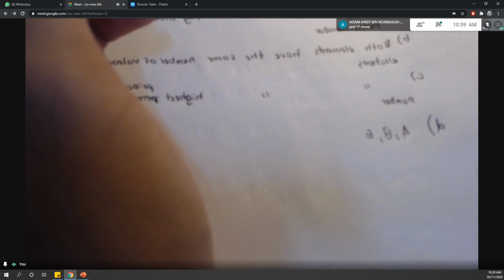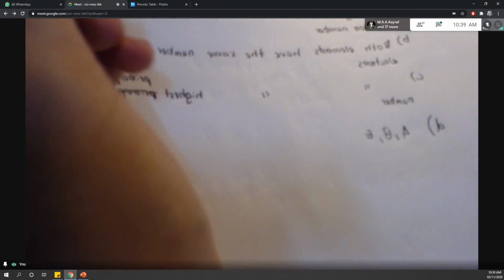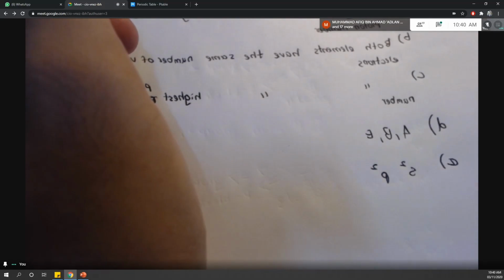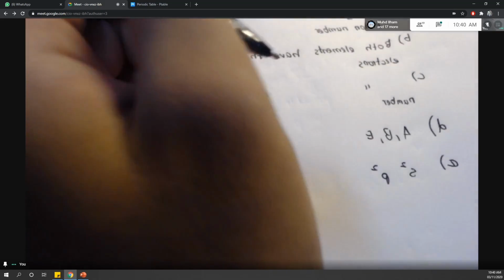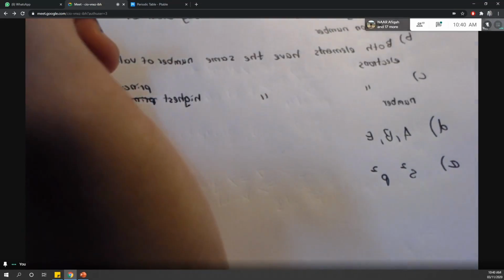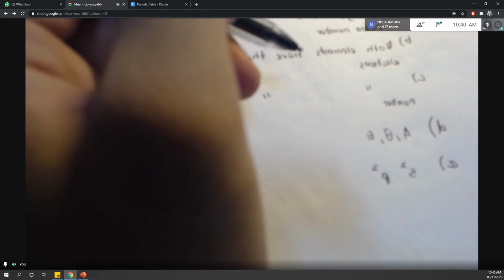Okay. Which of the elements with a valence electronic configuration of S2P2? So S2 and then P2. Okay, dia tak bagi tahu dia punya N berapa. But from here, apa yang kita boleh dapat information? Kita tahu dia adalah block apa? Yes, dia block P. So which one of this is block P?